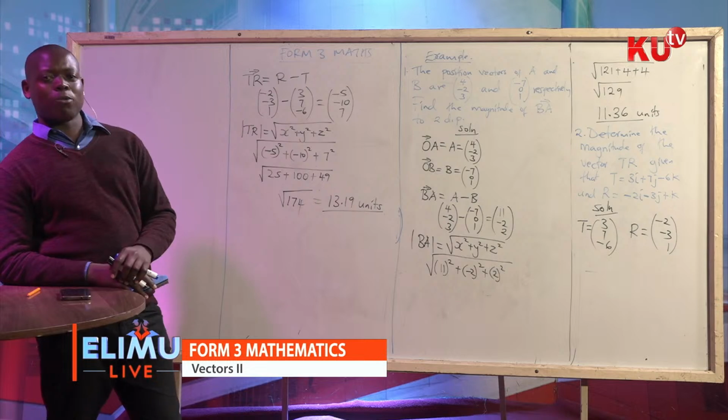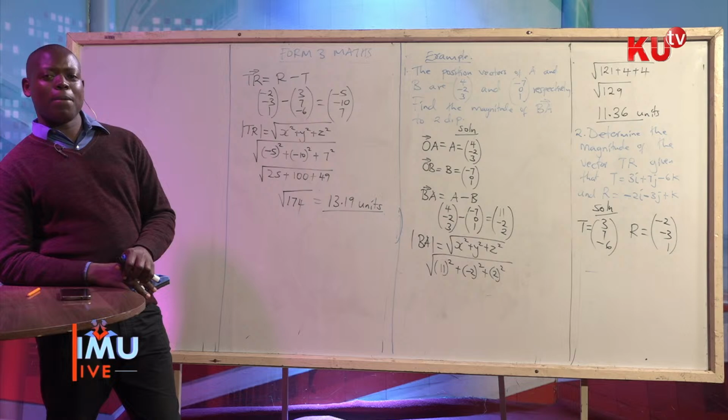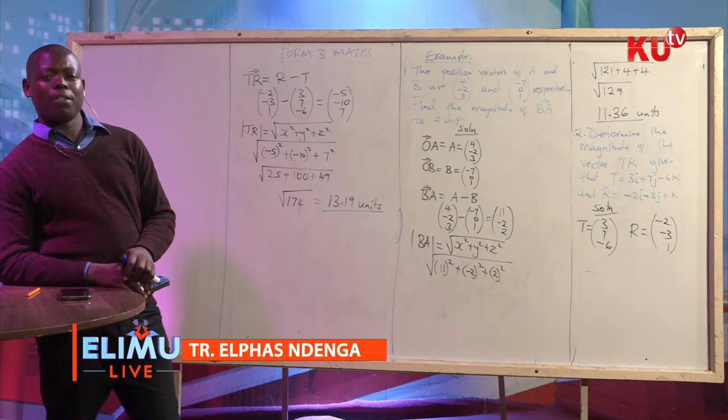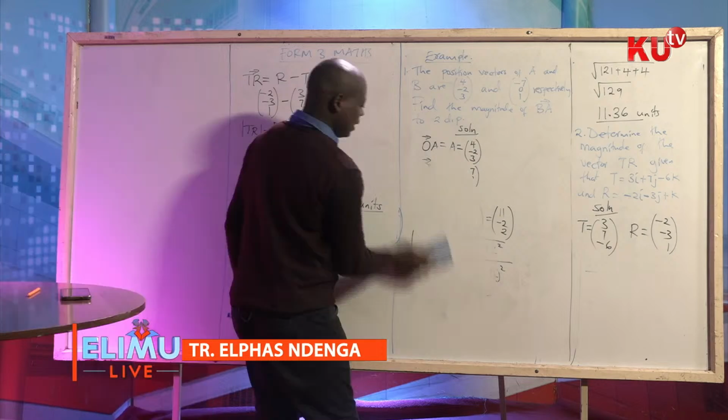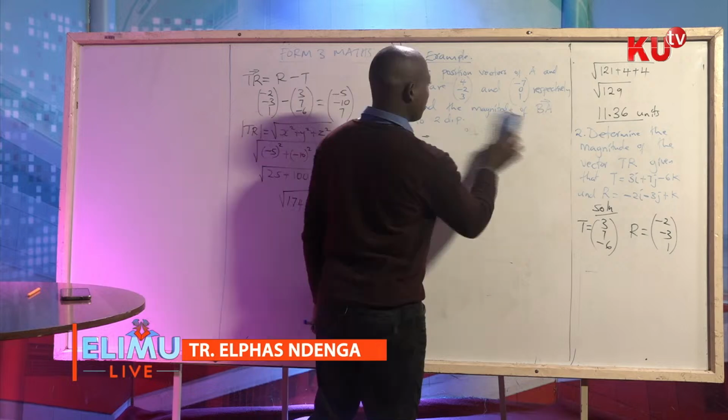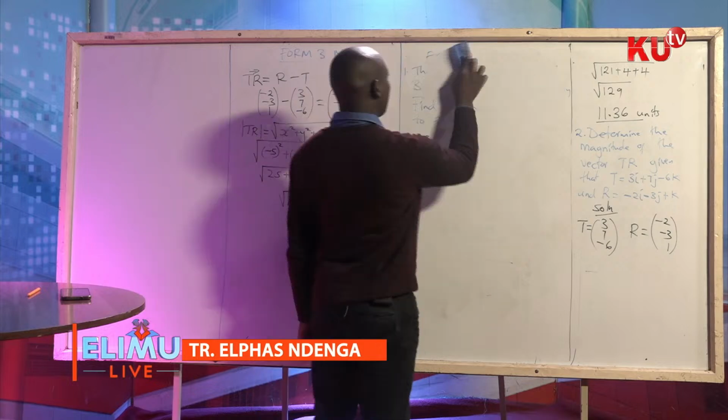Because what is important is, are you able to show the working? And showing the working means that you know each and every stage that is required whenever you're dealing with a question in mathematics. And that is a concept we call the magnitude of a vector.